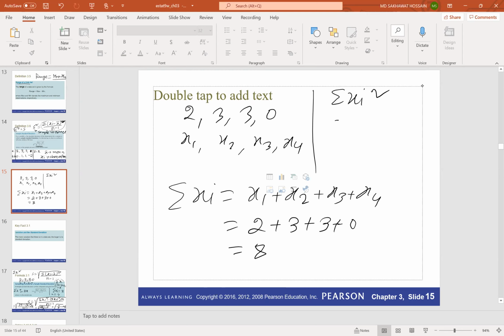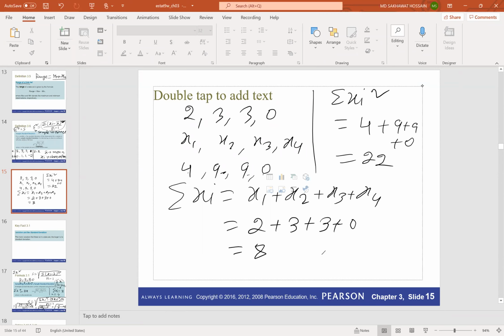Now if we have sigma xi square, that means you are squaring the x's first. Take the square of the first one, which is 4, the square of the second one, which is 9, the square of the third one, which is also 9, the square of the fourth one, which is 0. So this is x1 square, x2 square, x3 square, x4 square. You add them together, so that is 22.